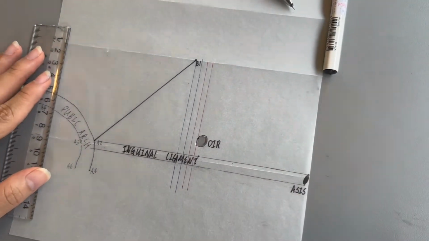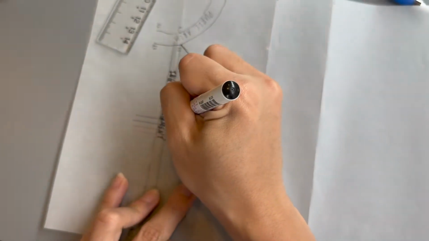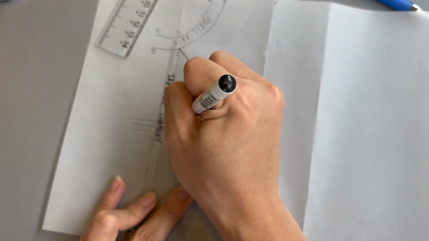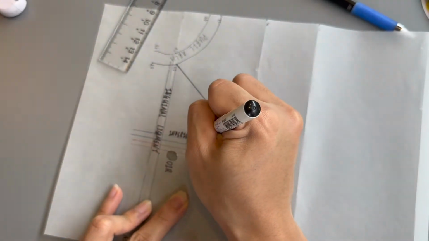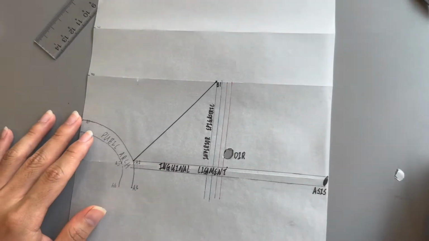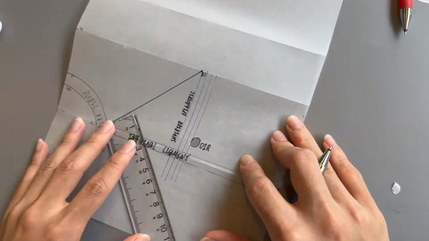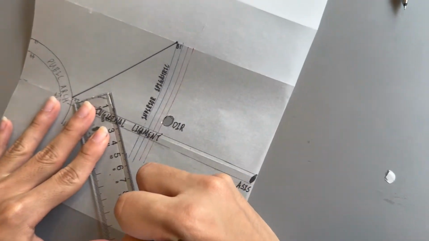Once you're done, label these vessels as the inferior epigastric vessels, or IEVs. Using the same color pen, draw 2 downwards and rightwards columns towards the base.